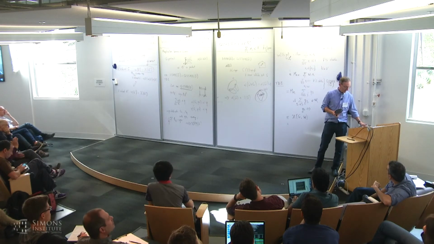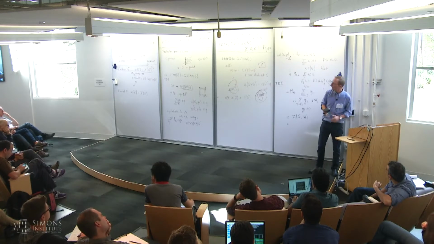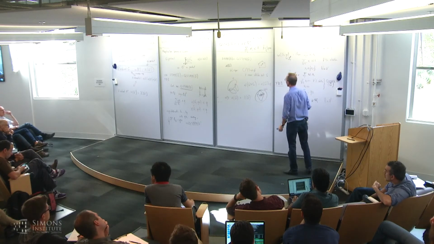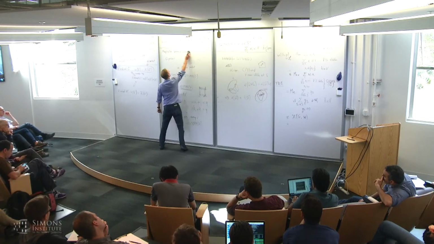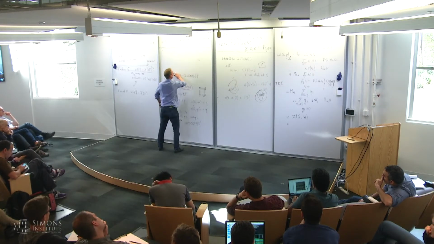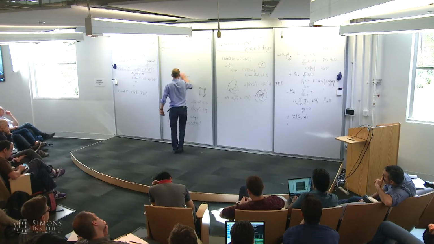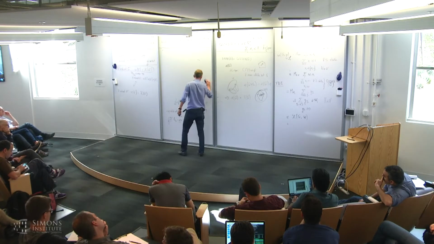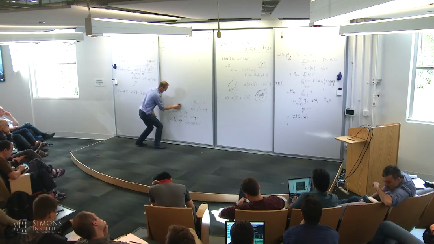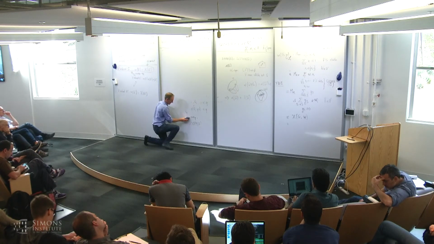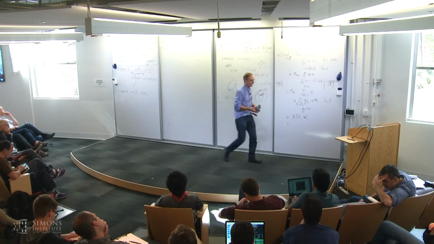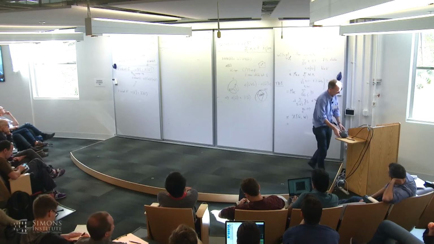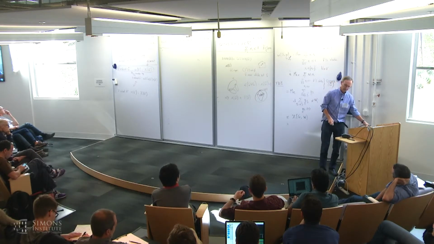So let me mention a quick related characterization of perfect graphs, which has another continuous flavor to it, and that's through the notion of graph entropy.